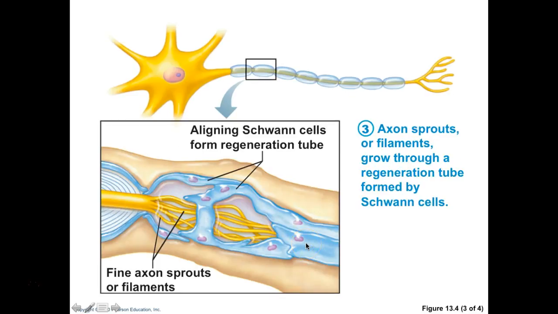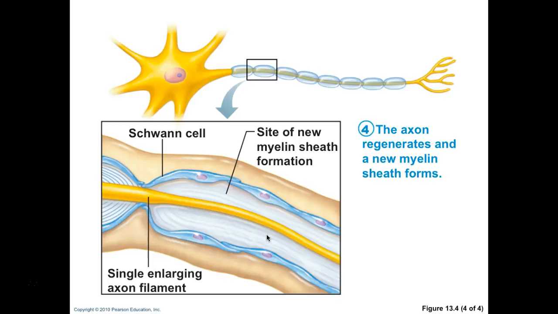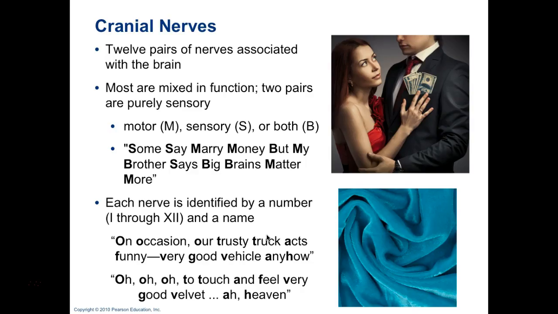Then we're going to have our axon sprouting these nice fine filaments all over the place, and eventually those are going to start to come together, and our Schwann cells are also helping form that myelin sheath around it. And so here is our nice new axon with the myelin sheath formed around it.